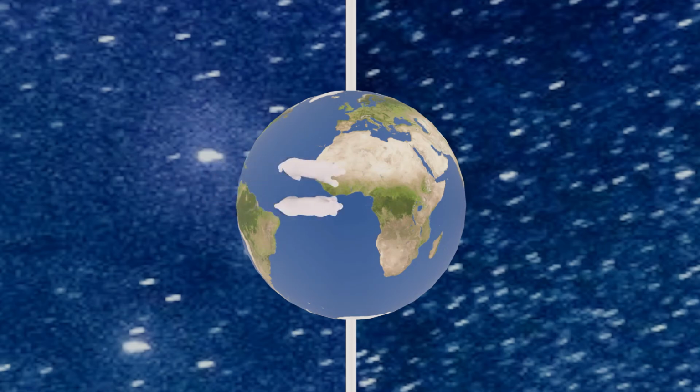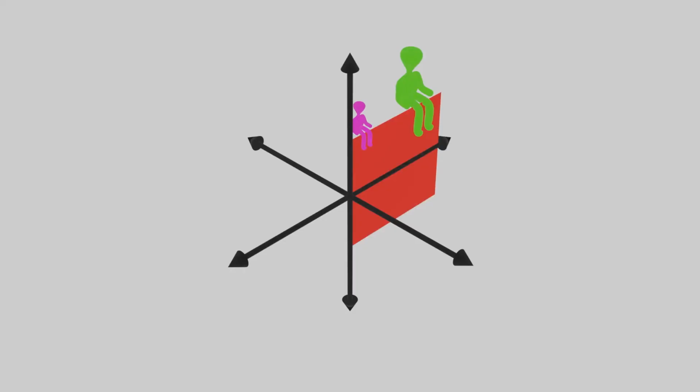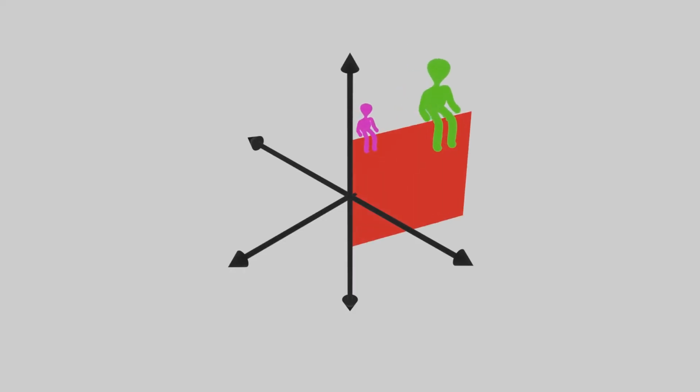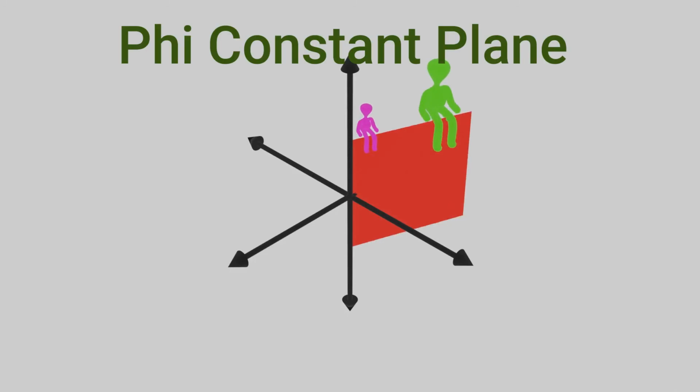Let us take one more example to understand why it is called as phi constant plane. Here we can see that two members are there. If there are 100 members also sitting on this particular plane and rotating together, on that particular plane their angle will be same at all the positions.